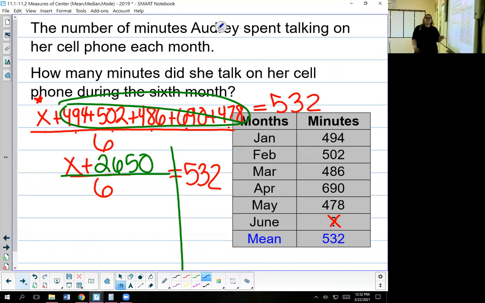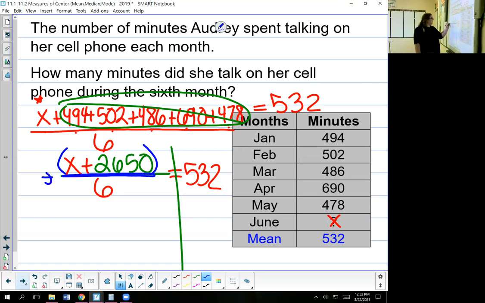Remember, we have to get rid of addition or multiplication or division before we do addition or subtraction. When we're trying to solve for x, we're doing inverses. If you look right here, this says take whatever this is and divide it by 6. So how do I get rid of that? I do the inverse.